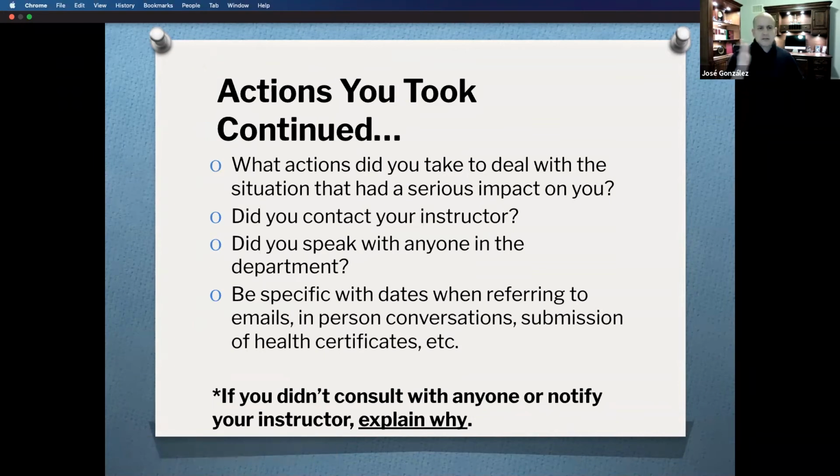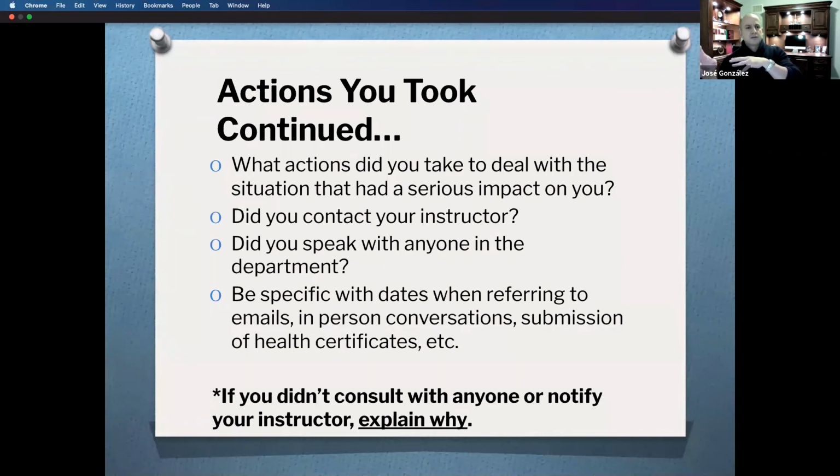And again, when you think about the actions you took, everything should be connected, right? The ground for appeal, then what happened, if it was health related or compassionate, extenuating circumstances, you will connect it to performance. And then to that performance, also the actions you took.